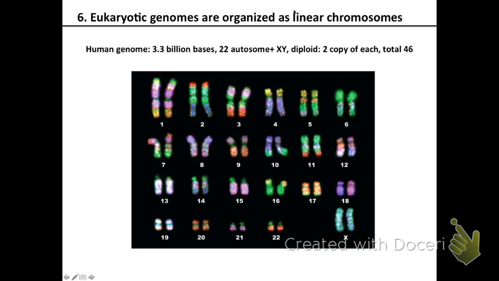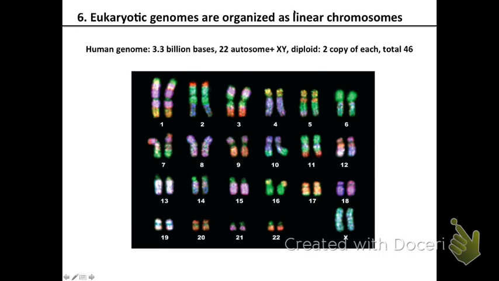All right. So we're going to talk about the human genome now. And eukaryotic genomes, like the human genome, are organized as linear chromosomes. So our genome is broken up into linear pieces that are called chromosomes. The human genome is about 3.3 billion bases. It has 22 autosomes. Autosomes are chromosomes that are not the sex chromosomes.